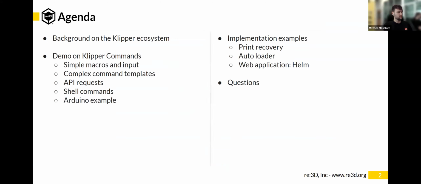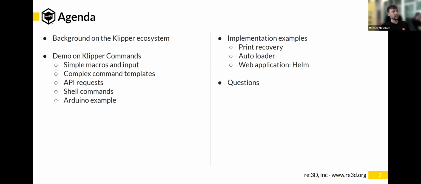So we'll be going through a couple of things today. This by no means will be a comprehensive demo of everything, and also I want to make sure that people who haven't been exposed to this are still able to gain some knowledge. So we'll be going over some of the background on the Klipper ecosystem. We'll be demoing Klipper commands from simple macros and input. We'll do some more complex examples.